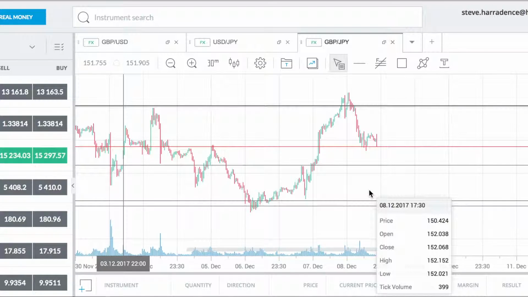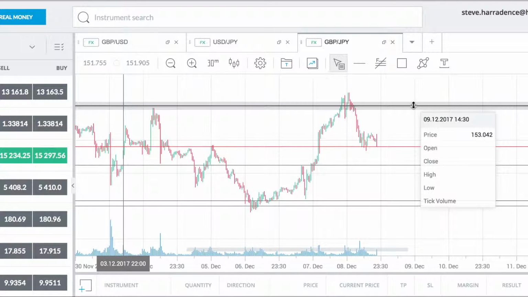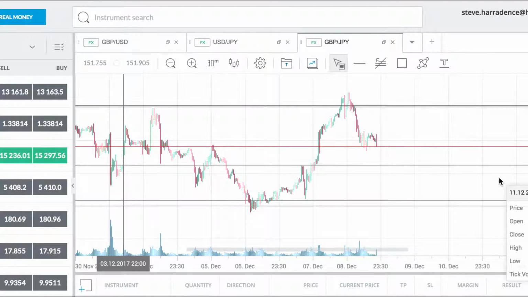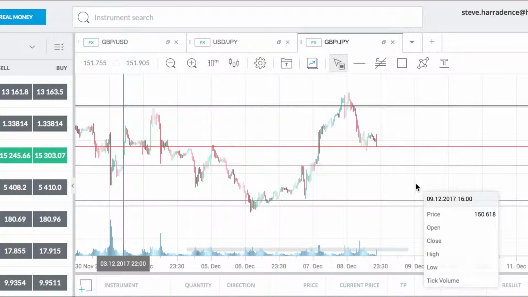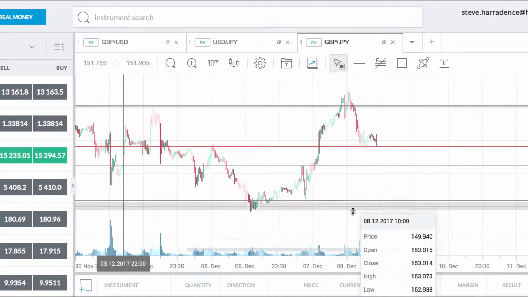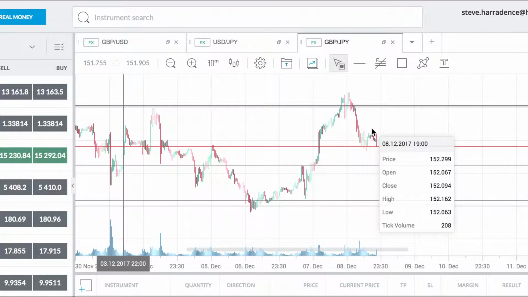So in the week, 153 resistance levels, and you've got your 151.75, 151 sort of levels there. So a good one to look out for is the 151 level. If it breaks below the 151, then obviously it's going to be testing this sort of level at 150.